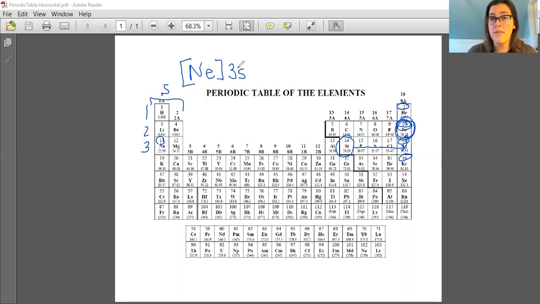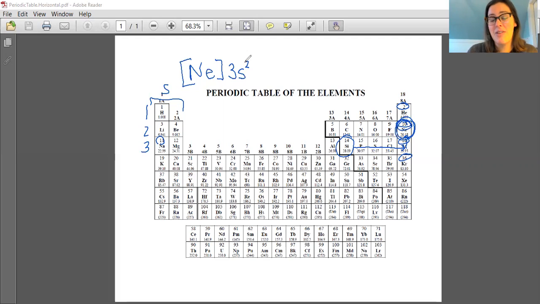So because silicon is number 14, all the way over on the right, that means that we're going to fill up that S. It is 2 elements wide for that block. The S block is 2 elements wide. So we can fit 2 electrons in that sublevel.